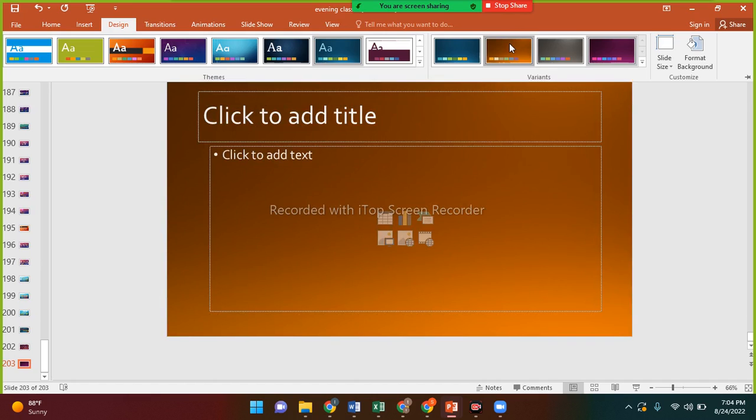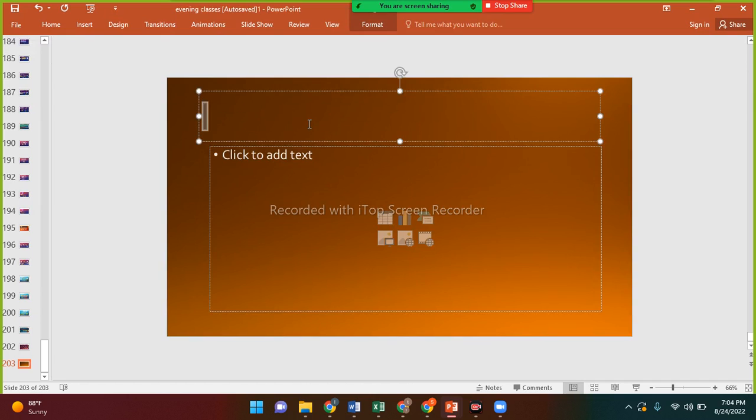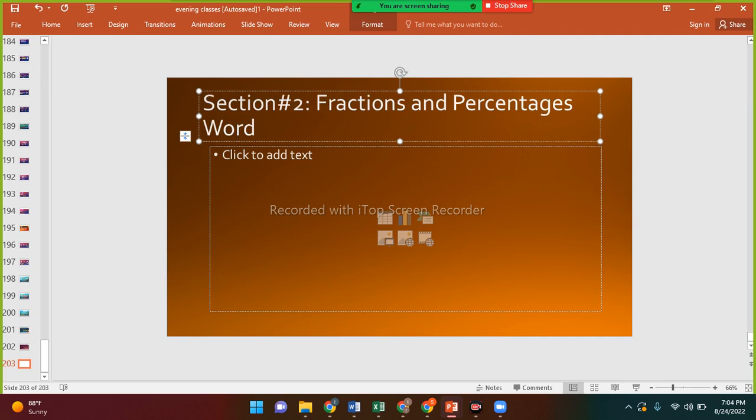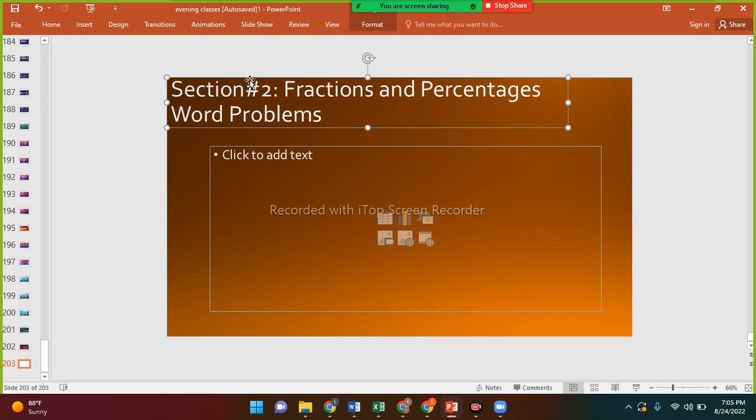So section 2 is going to be fractions and percentages, word problems.